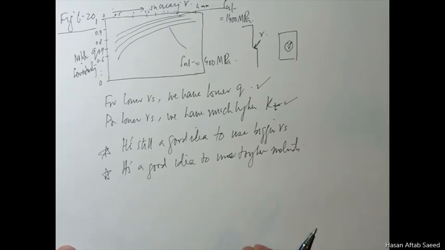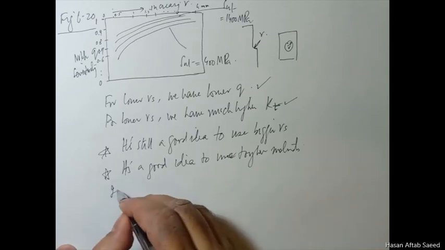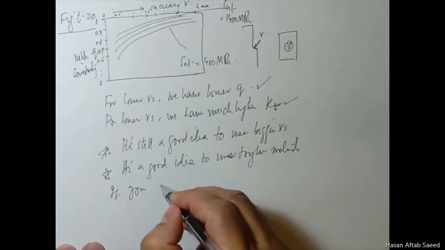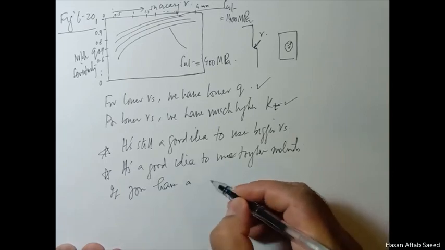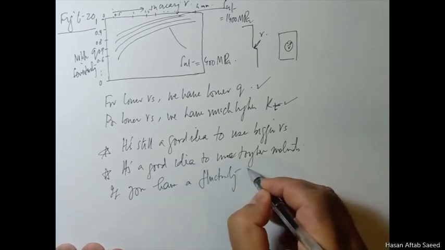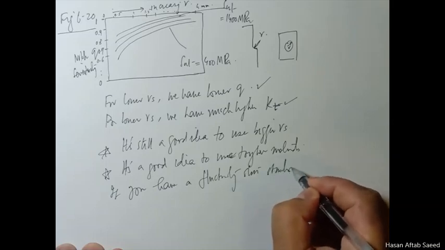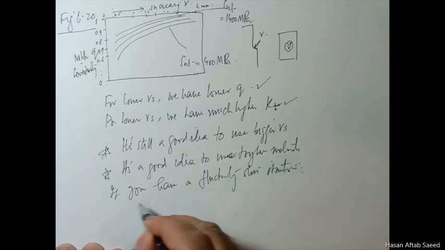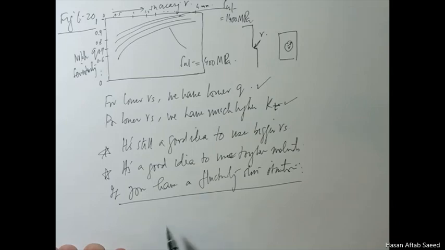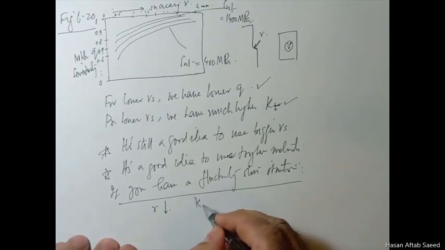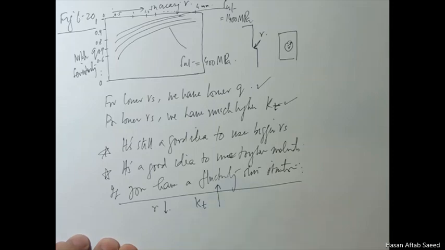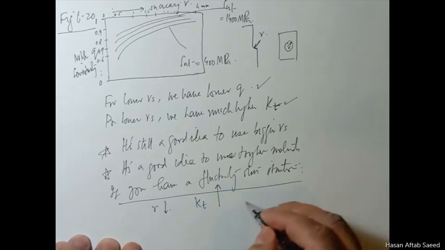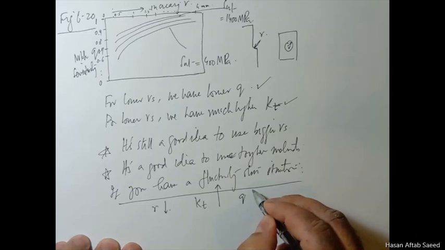So the summary of the story is, if you have a fluctuating stress situation, and this is what we are talking about here, then for lower R's, KT will become very high, but Q will become low, not in the proportion of KT, but still somewhat low.